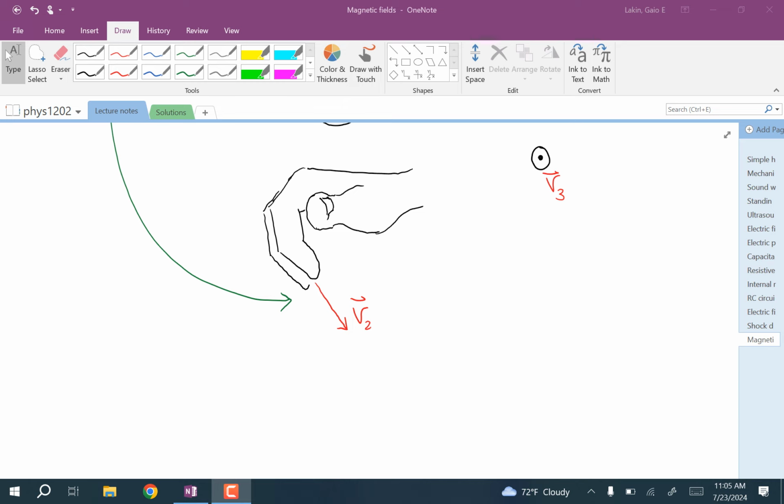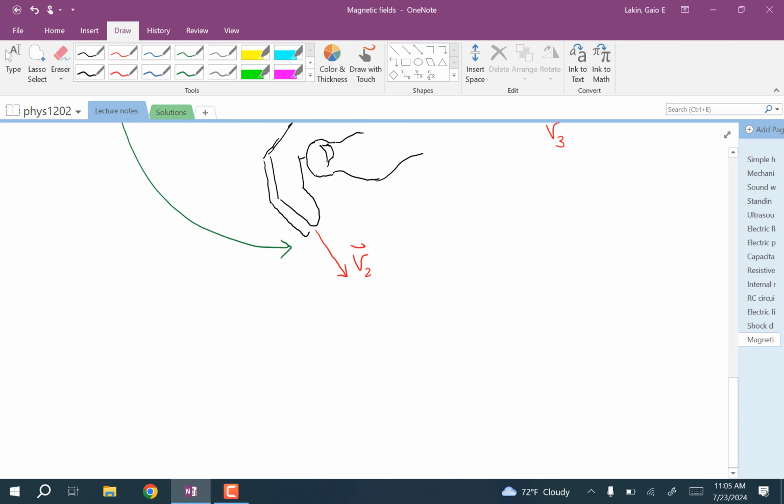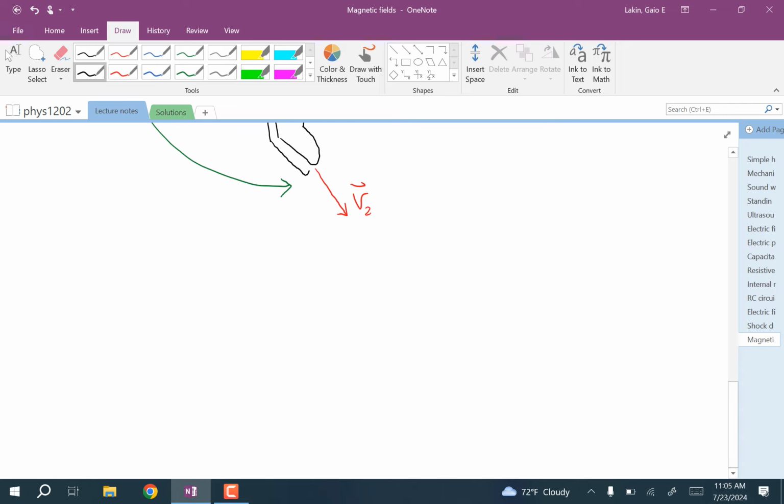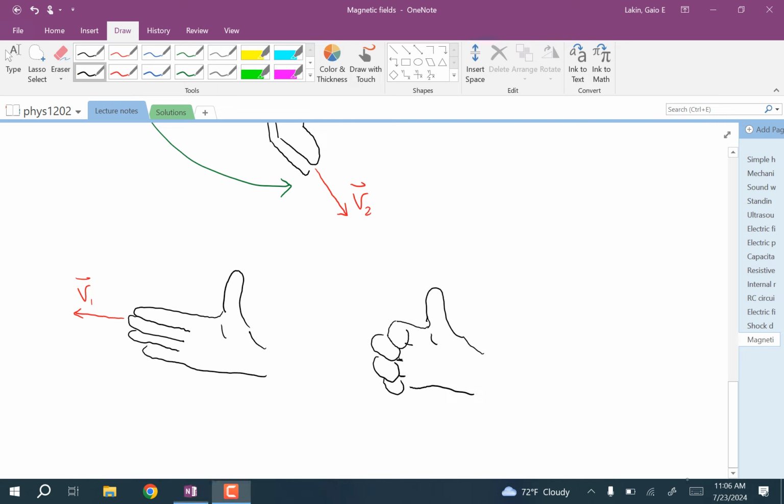You can do this in any orientation in 3 dimensions and use this idea. So here's another case, if your first vector is pointing this direction, okay, and your second vector is pointing out of the page, so in this case, V2 is coming straight out of the page, so I'll draw that as the circle with the dot. That's your V2. Okay.